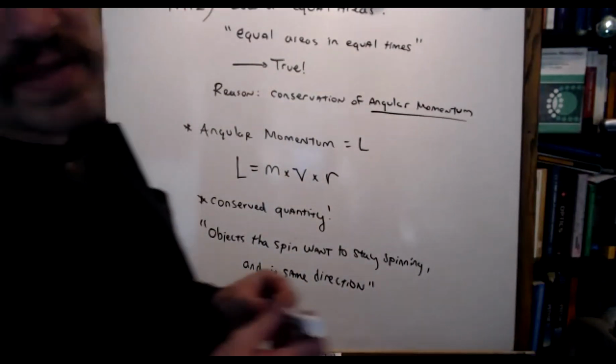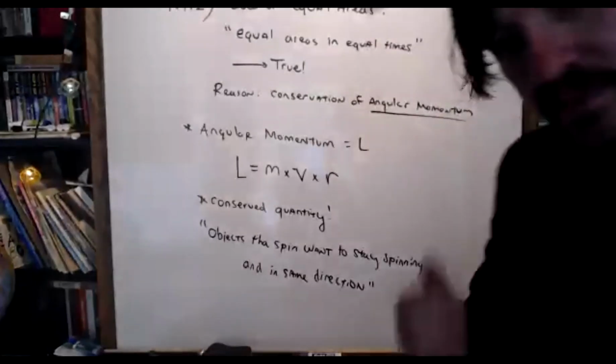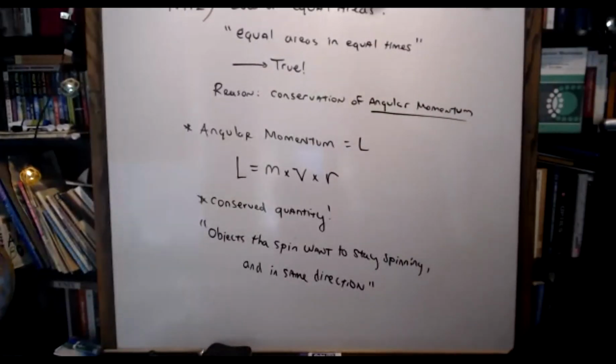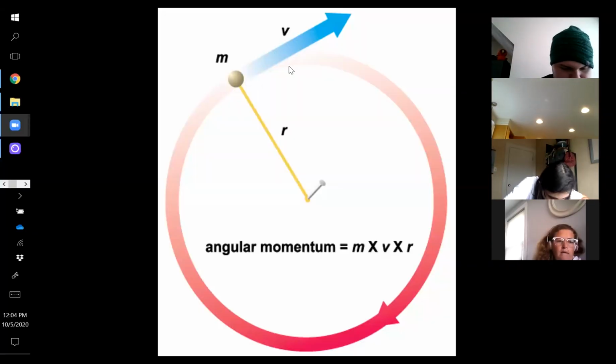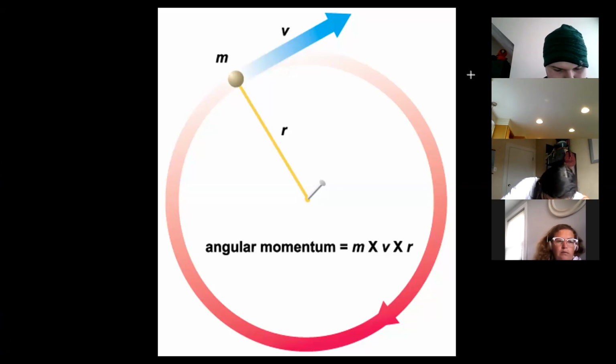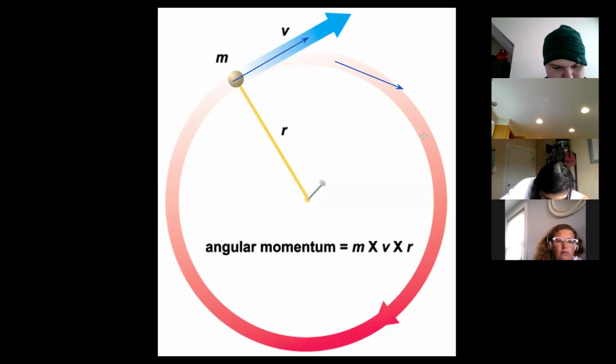It turns out that you can assign a direction to angular momentum, but it's not the direction that you might think. If you look at the particle traveling on the circle here, you'll realize that its direction is constantly changing. In that one moment, the direction of velocity is here towards the blue arrow, but a moment later, the direction will be there. A moment later, the direction will be there.